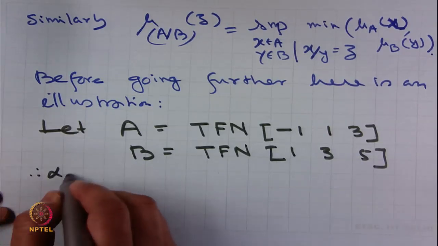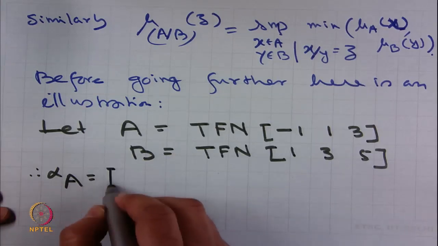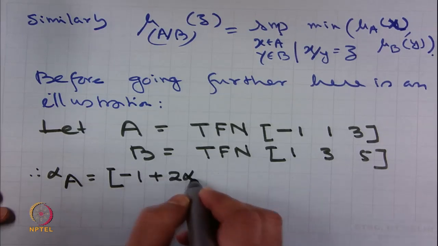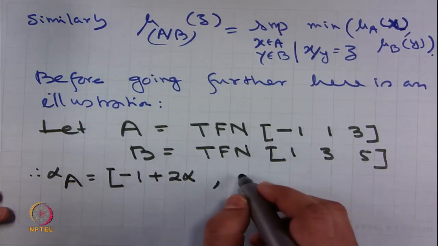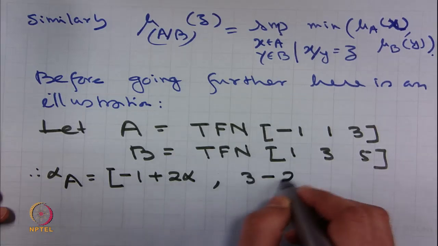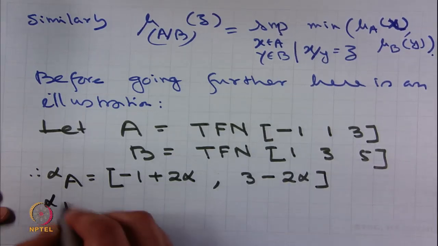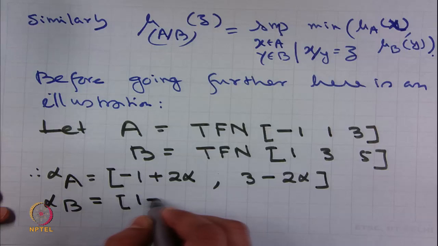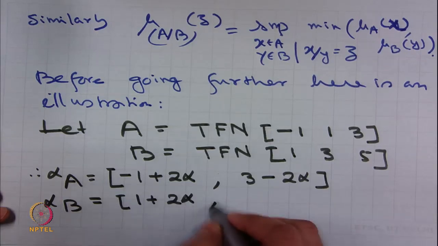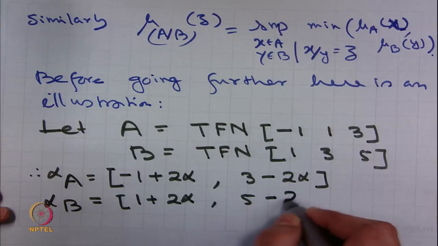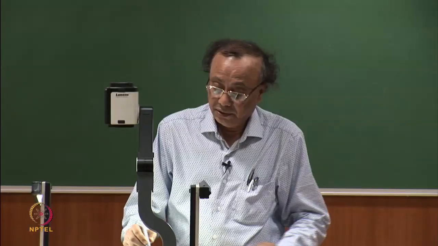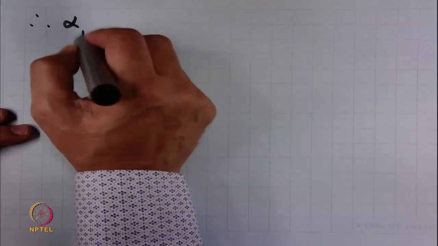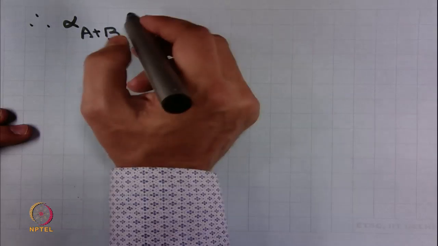Therefore, alpha cut of A is equal to minus 1 plus 2 alpha and 3 minus 2 alpha, and alpha cut of B is equal to 1 plus 2 alpha and 5 minus 2 alpha.